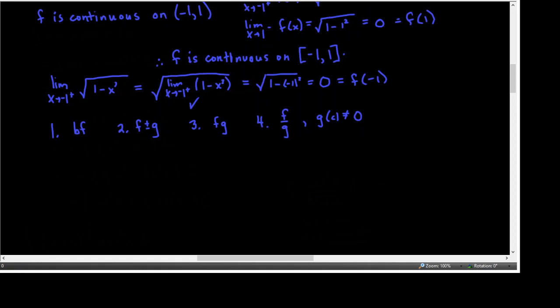So if you combine 1.11, which allows you to multiply any of those by a scalar, like b, or add or subtract two of those, or multiply two of those, or divide two of those, as long as you're not dividing by 0, that opens up a whole bunch of functions that are going to be continuous at all points in their domains.